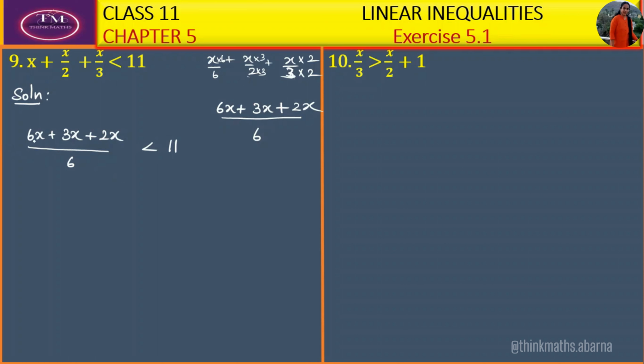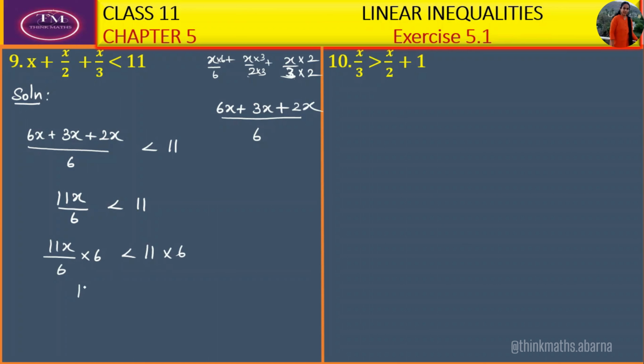So now what is 6x plus 3x plus 2x? It is 11x. So 11x by 6 is less than 11. Now to take out this 6, we can multiply by 6 on both sides. So 11x by 6 into 6 is less than 11 into 6.